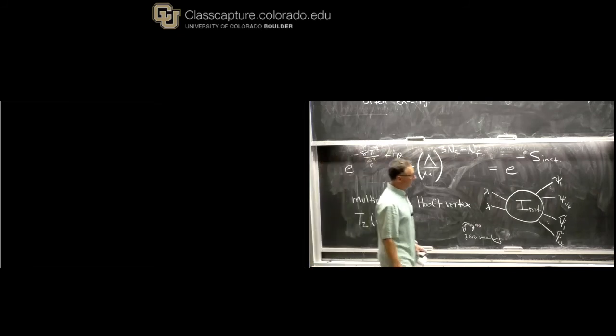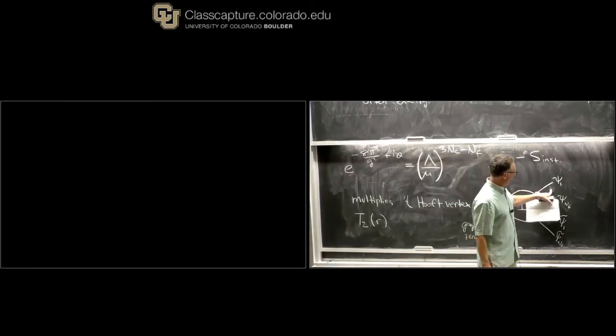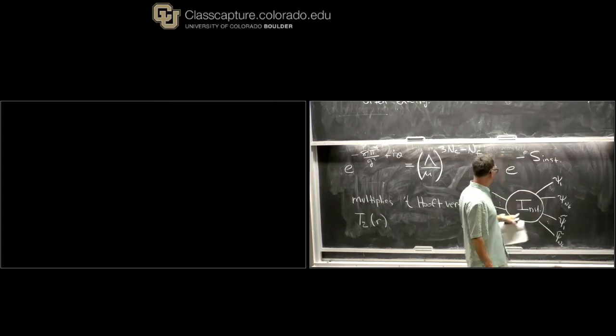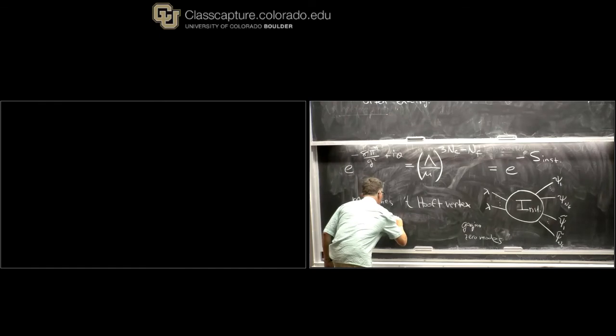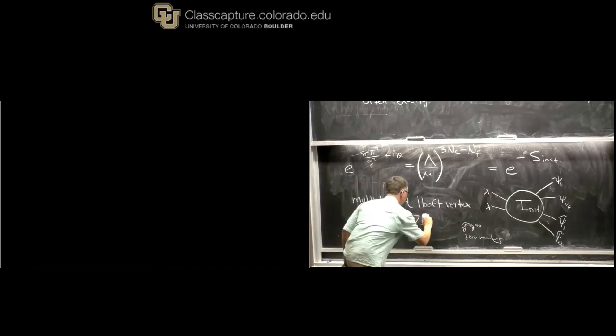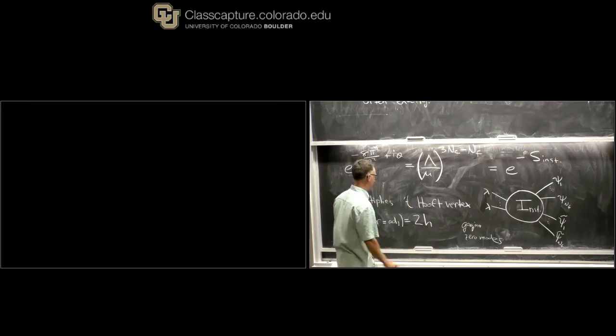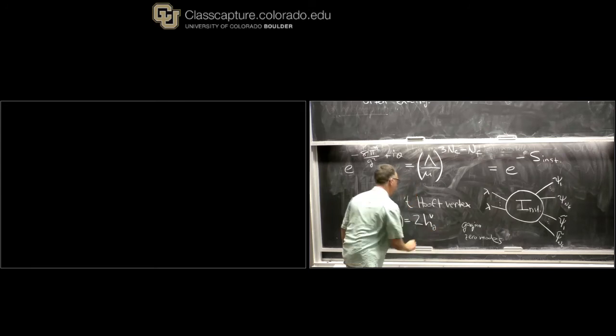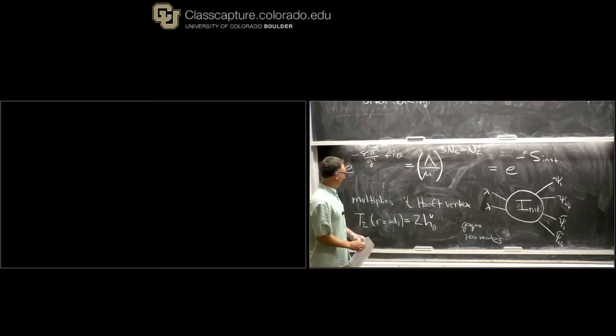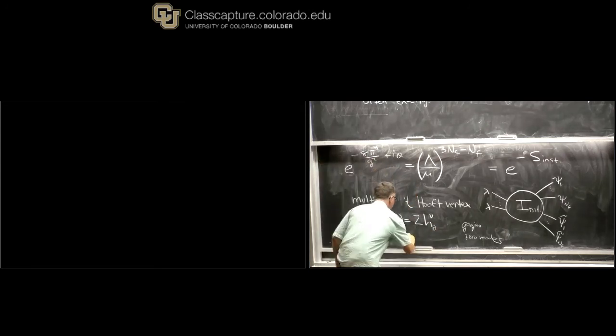And so we normalize it so that it's 1 for a fundamental. And then if we compute it for the adjoint, T2 where the representation is the adjoint, it's equal to, in general, 2 times what sometimes people call the dual Coxeter number of the group G. And for the case of SU(NC), this is 2NC.